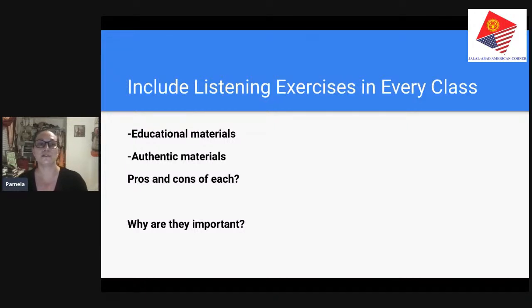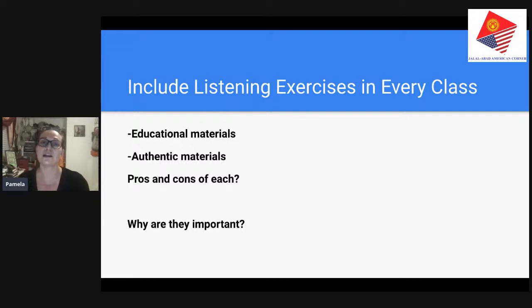So educational materials are made exactly for the level, geared towards the target. The con is that it's not always natural speech. A lot of times the pacing is slower than how people really talk so that the students can really understand it.